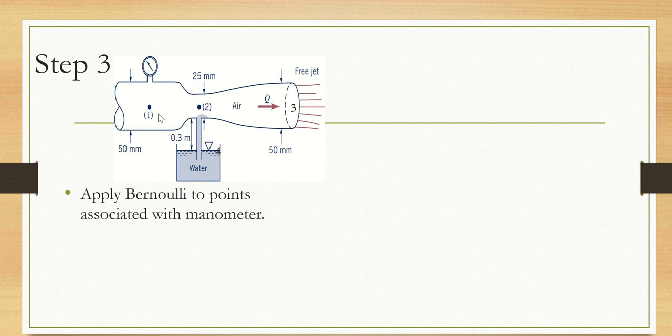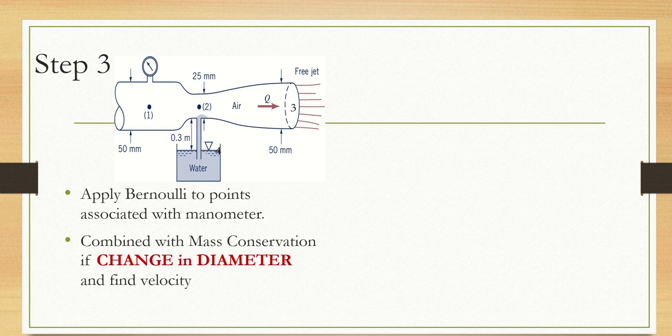So if I want to apply Bernoulli between 1 and that point, or 2 and that point, I know some information there. I also want to combine that with mass conservation because I have a change in diameter along a streamline that goes from 1 to 2 to 3. With that information, I want to determine the volume flow rate.